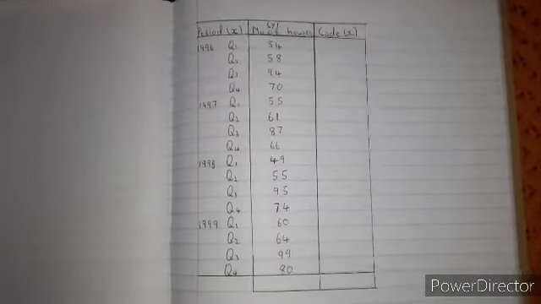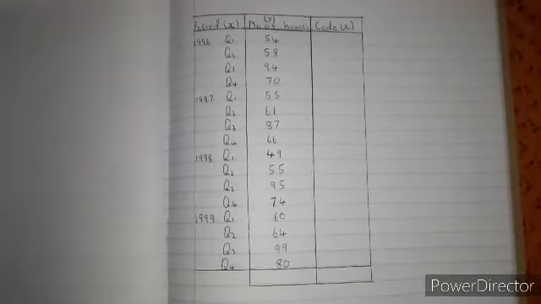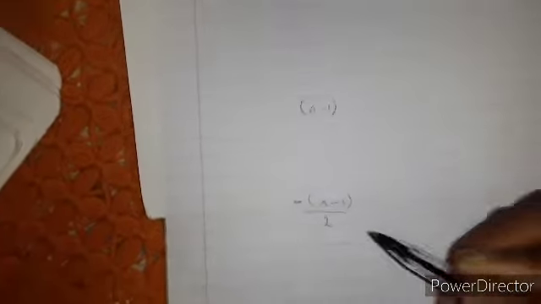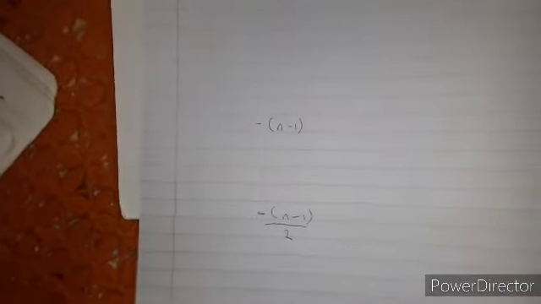Is it an odd number or an even number? 16 is an even number, which means we're going to use this formula to code: minus into n minus 1. This is for the even number, and this one, minus into n minus 1 divide by 2, is for the odd number. 16 is an even number.